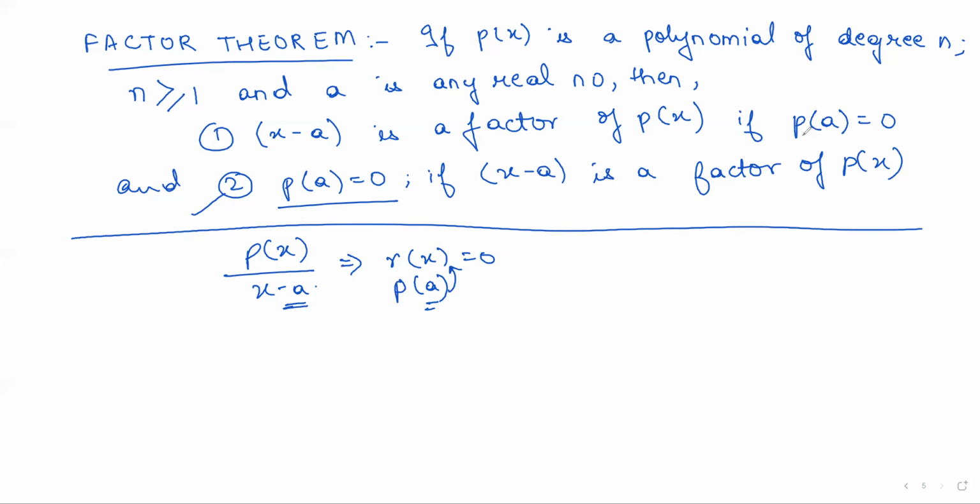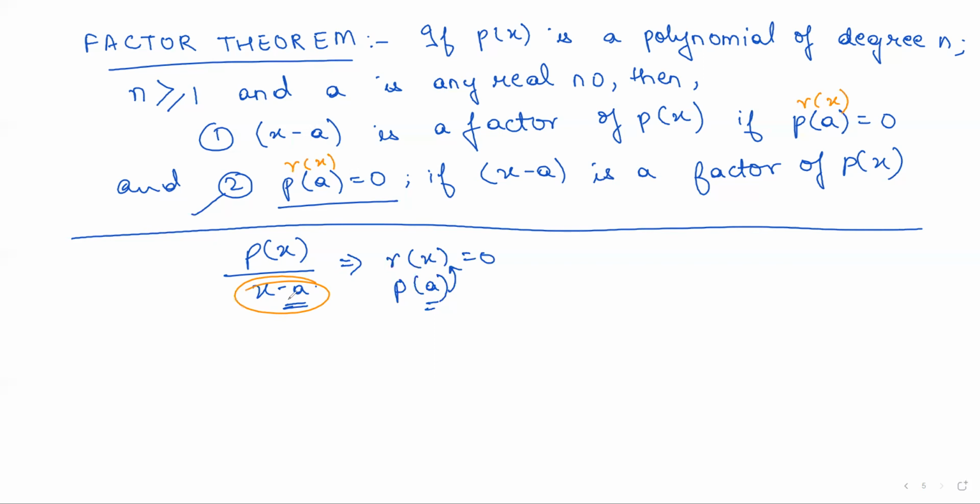So in both the scenarios, let's imagine p of a as your remainder. This is equivalent to r of x. So they are saying that whatever value you divide your p of x by, that value is your factor if your remainder is 0, or your remainder is 0 if that value is your factor. That is exactly what we've been studying up till now.